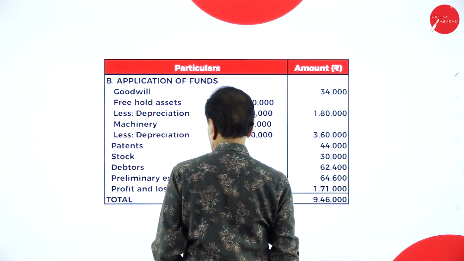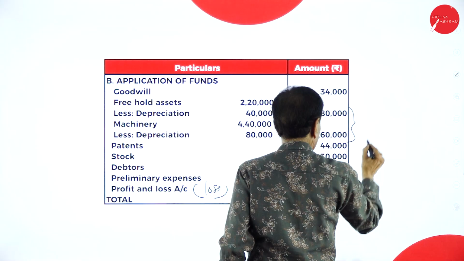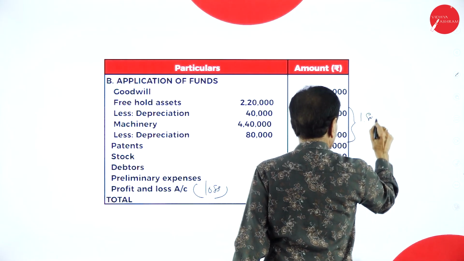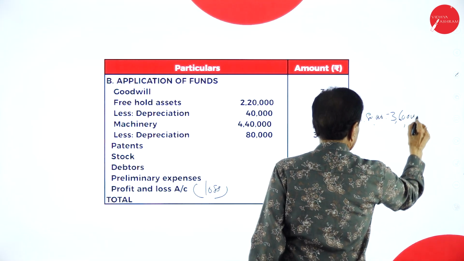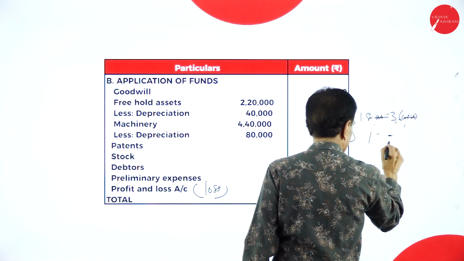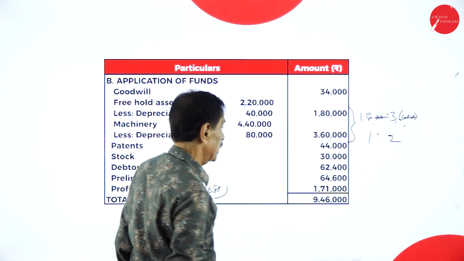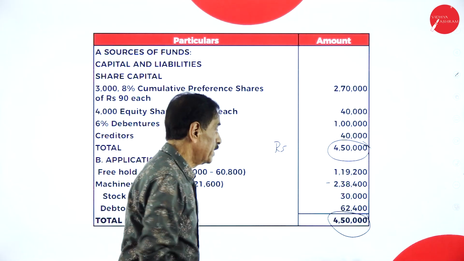Freehold asset and machinery, here the ratio is 1,80,000 is to 3,60,000. Cancel the 0. 18 ones are 18, 18 twos are 36. So they are in the ratio 1 is to 2. The same 1 is to 2 has been utilized, and the same amount has come.